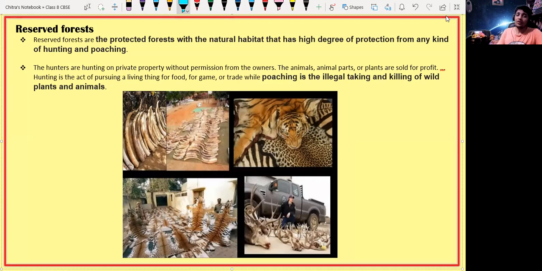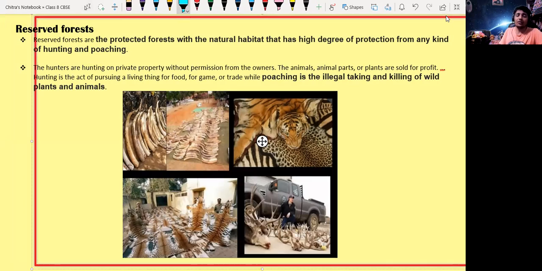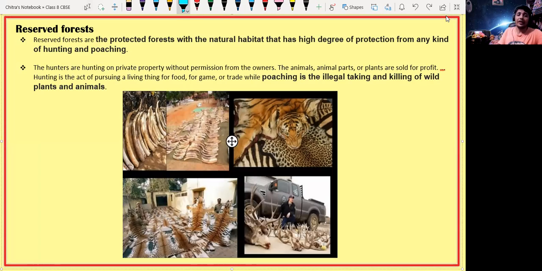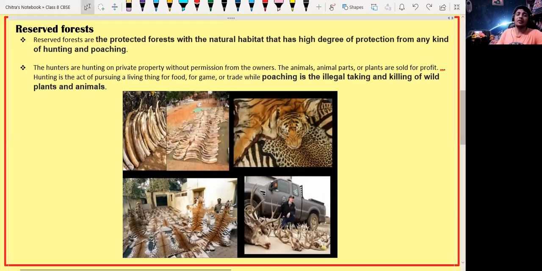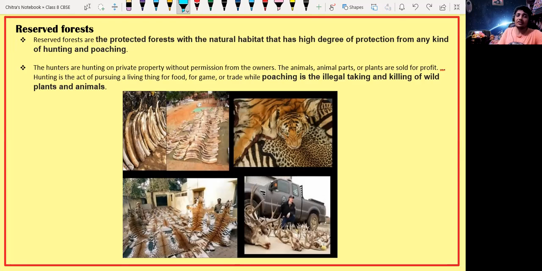Reserve forests are nothing but protected jungle or forest provided for those animals and plants which can become extinct in future. It is the area provided for those vulnerable species of plants and animals, so they can be protected there.